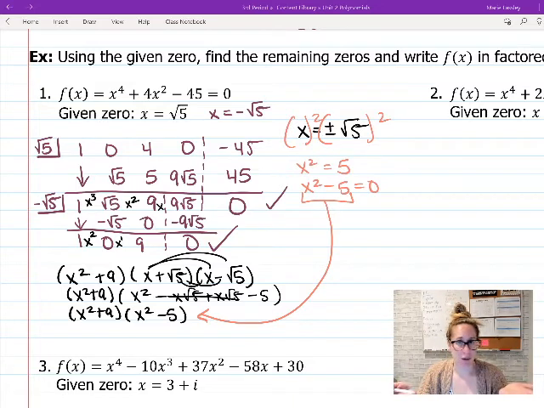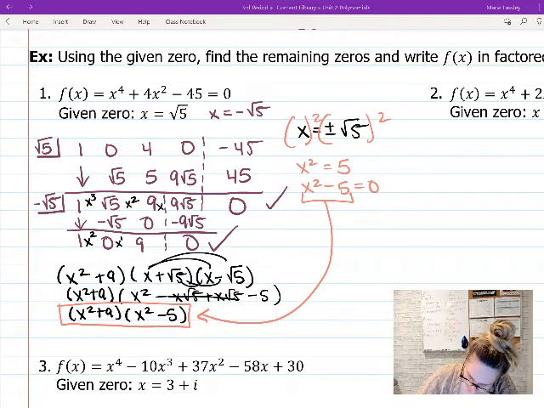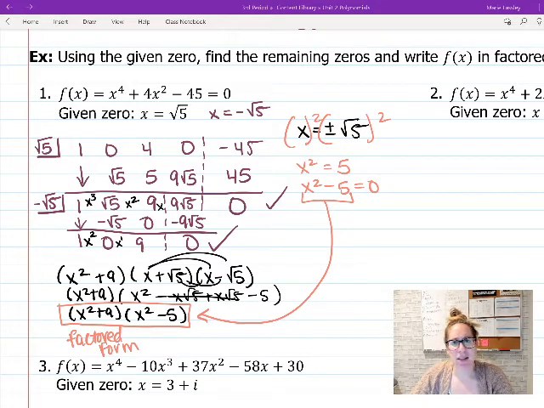We don't want square roots of 5 in our answers. So this is now factored form. X squared plus 9 doesn't factor anymore. It is close to a difference of squares, but it's a plus, so it's not going to be a difference of squares. So we have put this into factored form.